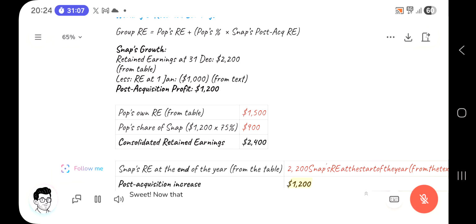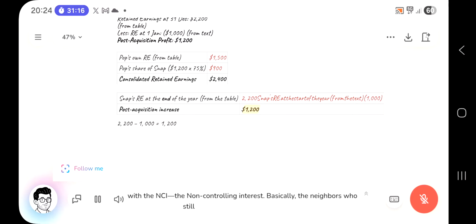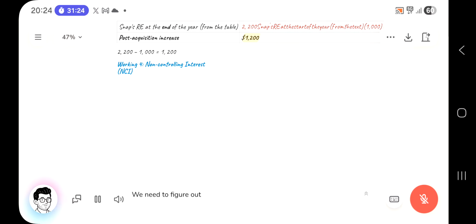Sweet. Now that we've got that 1,200 down, we have to deal with the NCI, the non-controlling interest. Basically the neighbors who still own 25% of Snap. We need to figure out what their stake is worth at the end of the year. It's their starting value plus their slice of that $1,200 profit we just found.